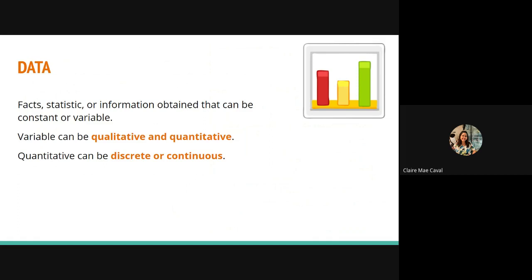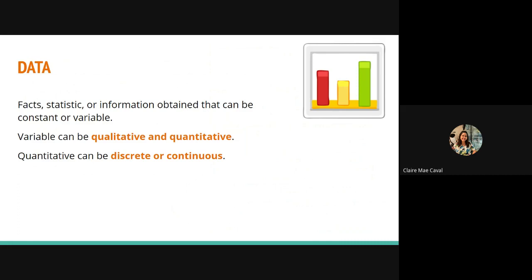For example, discrete quantitative: number of students, number of patients. These are discrete quantitative variables. Of course, you cannot say 1.5 students, right? Unless it's a manananggal, right, class? So it's always a whole number. 3 students, 5 students, 8 patients. So again, we cannot say 1.5 students.